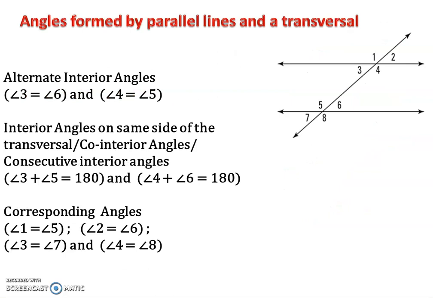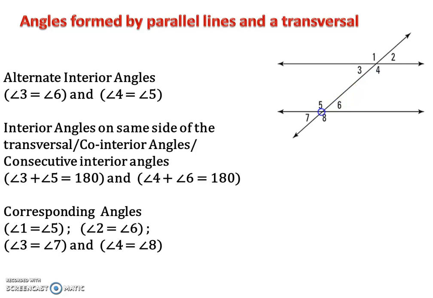Now, if the lines are parallel and we have a transversal, then in that case these alternate interior angles become equal to each other. That is, angle 3 will be equal to angle 6 and angle 4 will be equal to angle 5. Interior angles on the same side of the transversal, that is, angle 3 plus 5 will be equal to 180 degrees and angle 4 plus angle 6, the sum of these two will be 180 degrees.